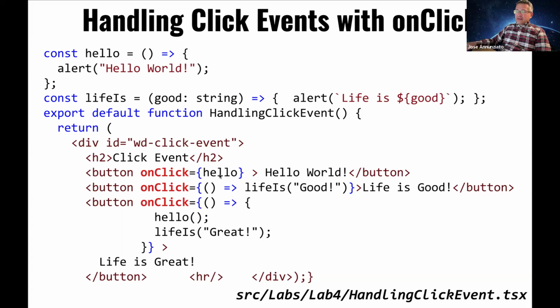You could also embed the function right inside of the onClick expression. As opposed to declaring and implementing it outside in a separate function, you can implement it right inside of the expression curly brackets like this, using the newer arrow function syntax.